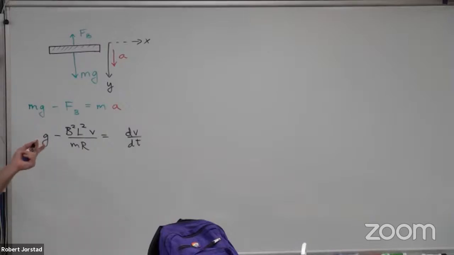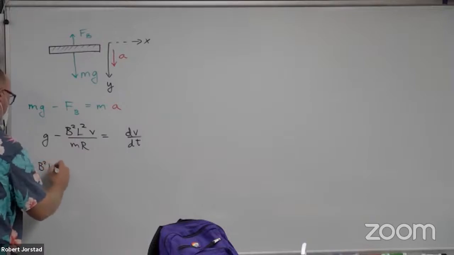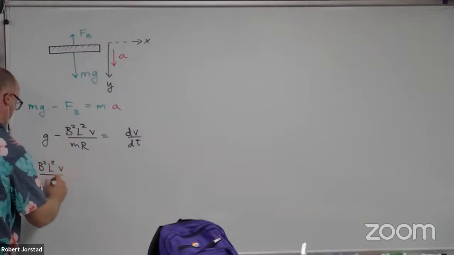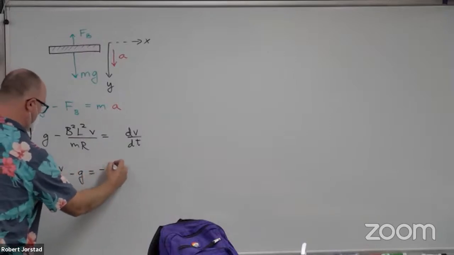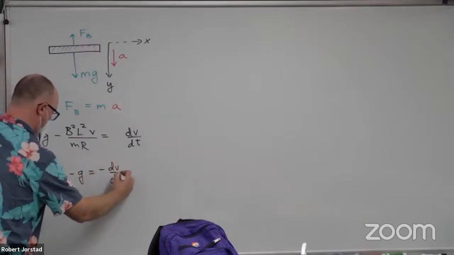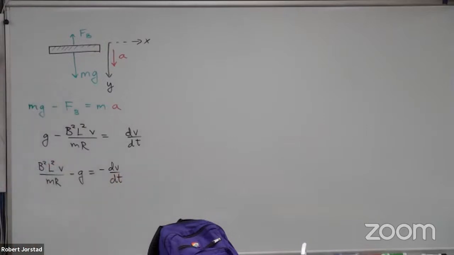I'm going to multiply by -1 on both sides because I like this term to have a positive sign. So I'm going to say this is B squared L squared V over mR minus g equals negative dv/dt. All right. So far, so good. All right. What's next?